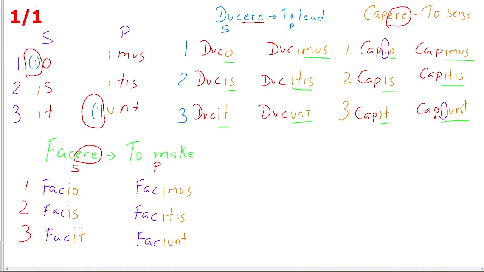So now let's quickly take a look at some of the vocabulary of verbs belonging to the third IO conjugation. So you have fugere, which means to flee. Then you have iacere, to throw.